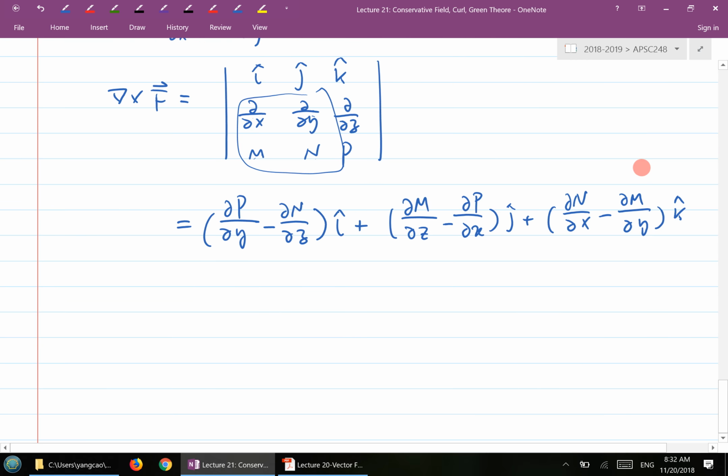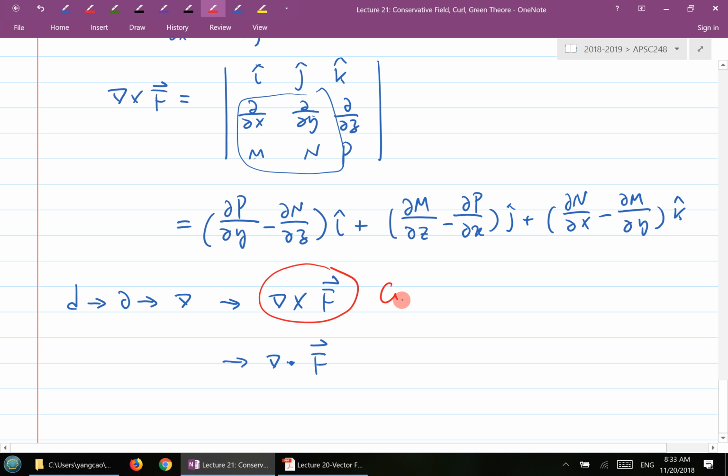Just to remind you of the journey of our calculus here: straight d to partial to del, and now we have del cross. There's another operation in here, del cross, and from here, very soon, we have a del dot. So this is the last symbol you will see from this lecture, this del cross F and del dot F. Just very quickly, we'll come into much more detail later.